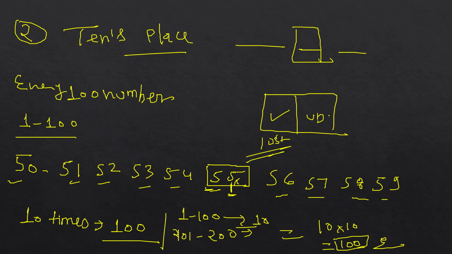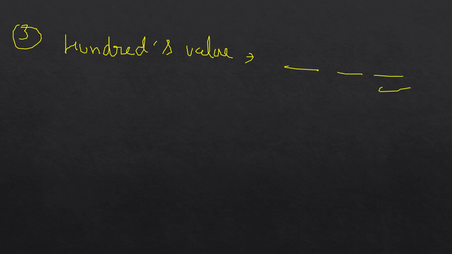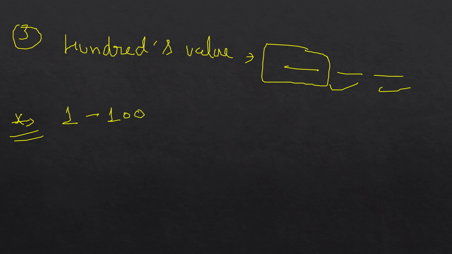Now we will see the third case, and we will choose the hundreds place. So we have already done unit and tens, and now we will focus only on this hundreds place. It is very clear that we don't get any 5 between 1 to 100, and similarly in 200, 300, 400.